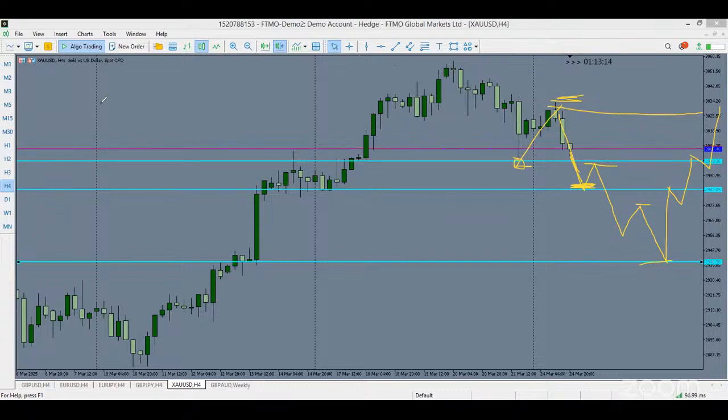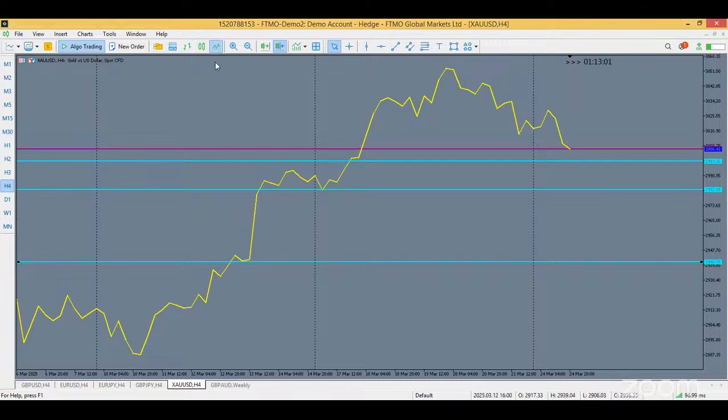In fact, another nice way to look at this is if you come to the top here, it says line chart. You can see line chart, bar chart, candlesticks. If you click on the line chart, just look at it.